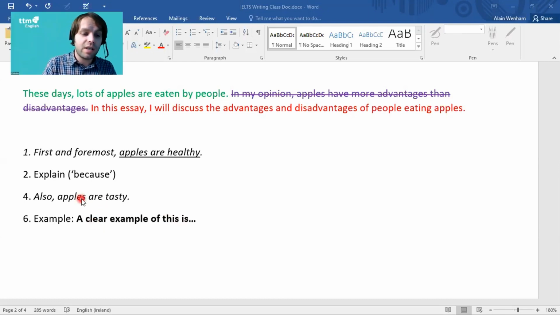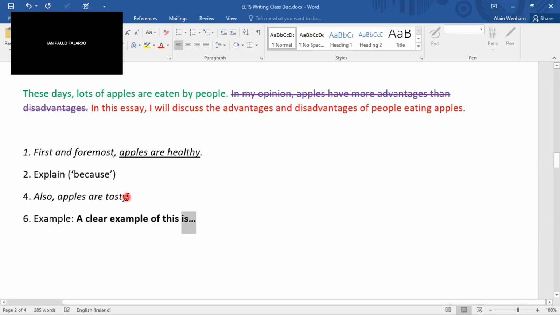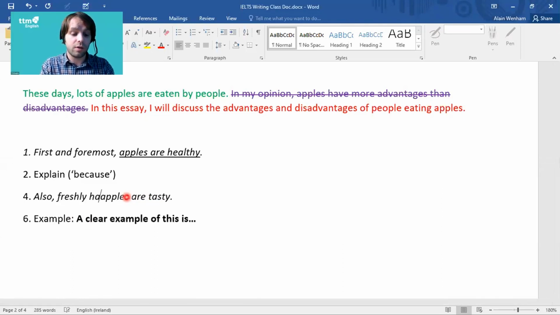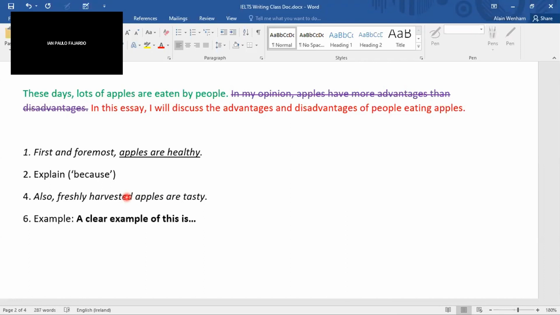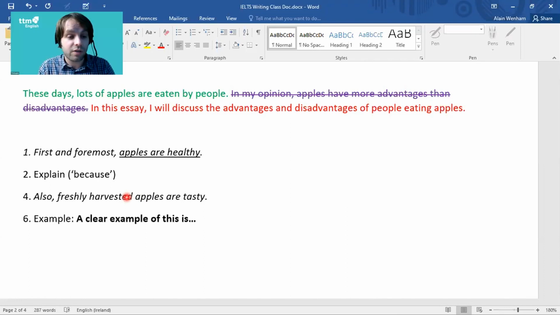Okay, but we need to work on these examples, don't we, Ian? Because not all apples are freshly harvested. So is that a good example? Some apples are not, but you're saying apples are tasty. Right? I'm not saying freshly harvested ones. If it was just freshly harvested ones, then that would be a great example.